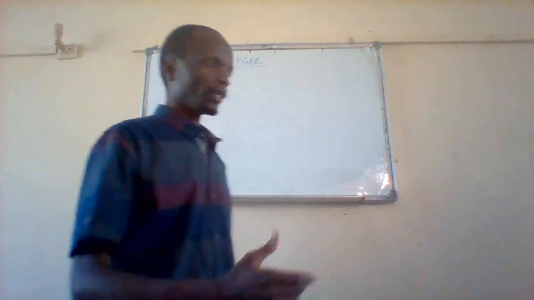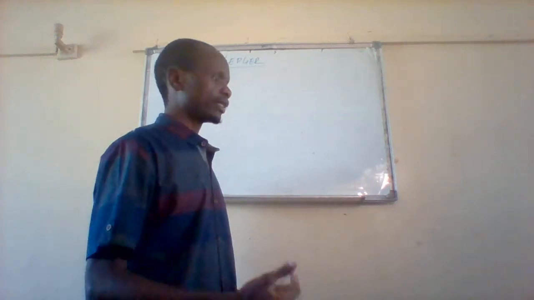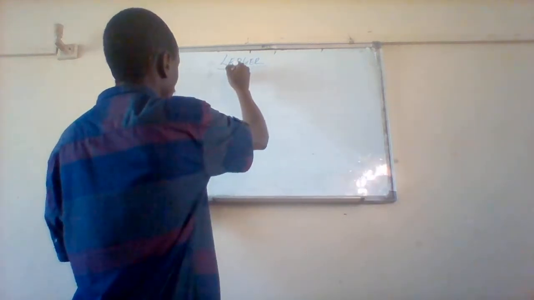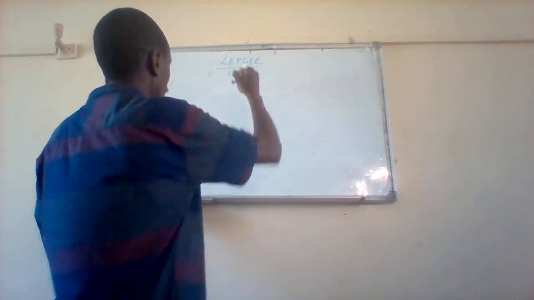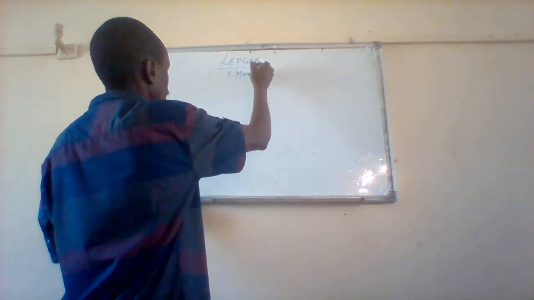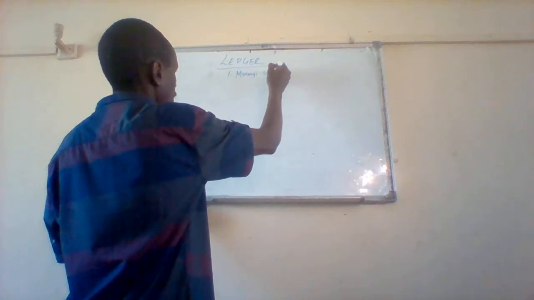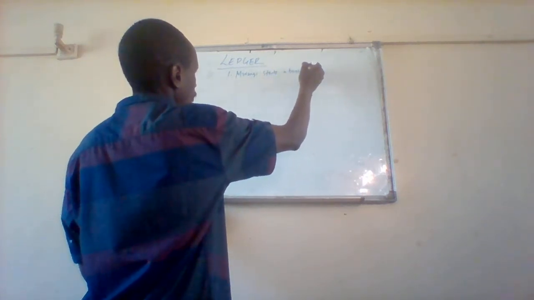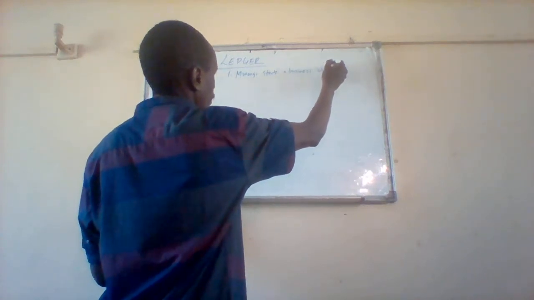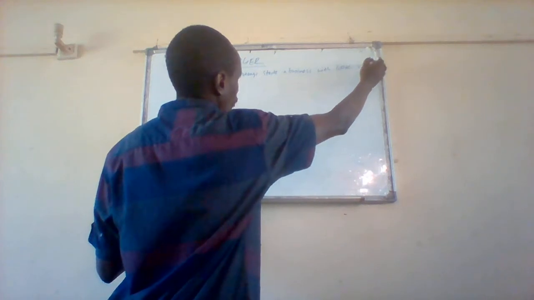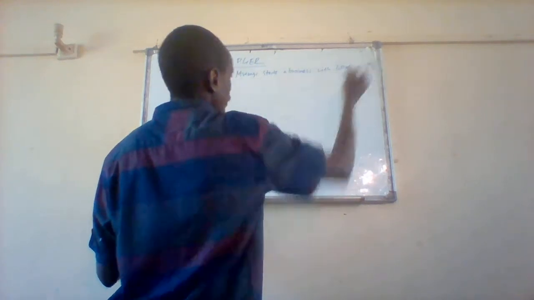Okay. So let me give this example, then we'll see how it works out. So let me say number one. Mwangi starts a business with 100K on 1st January.